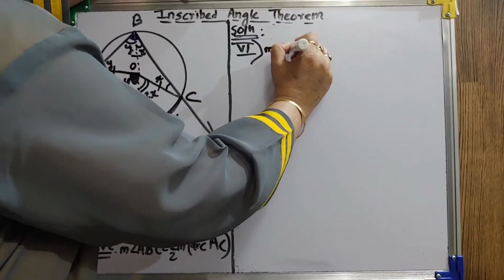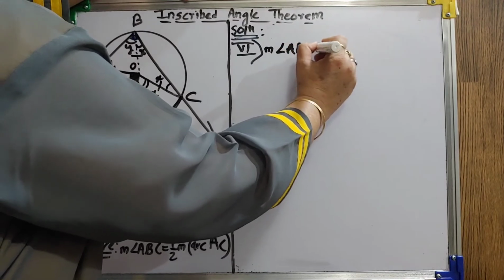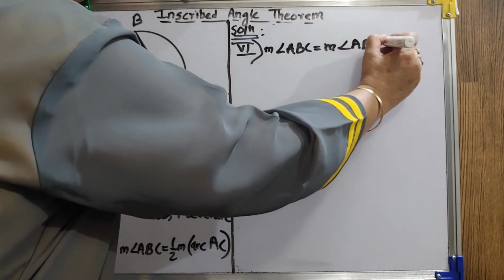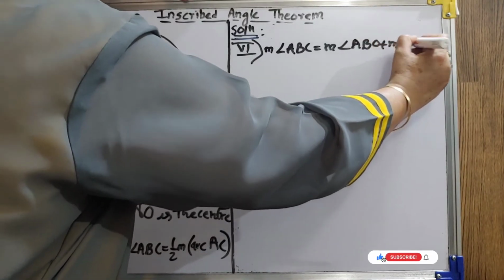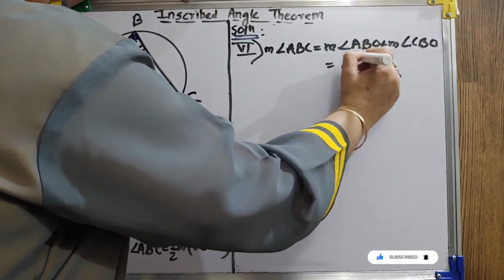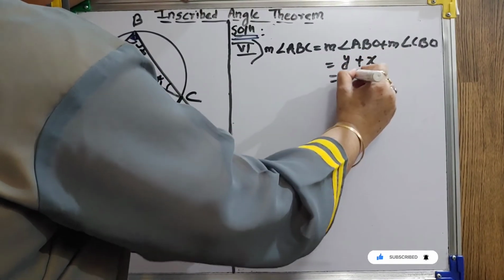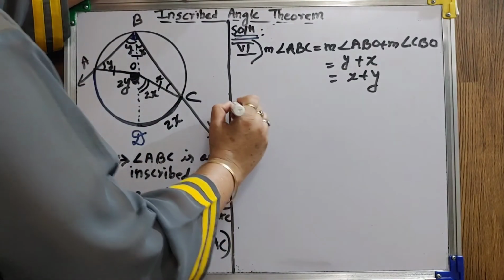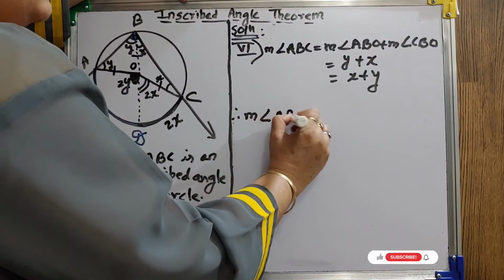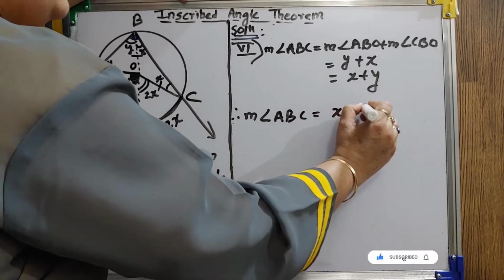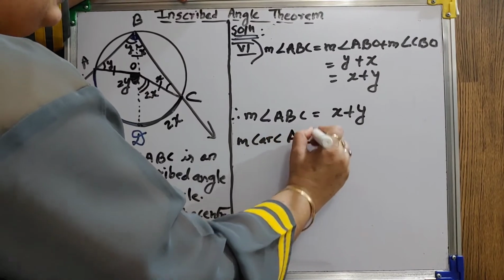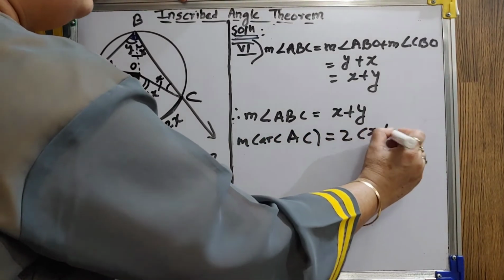My full angle ABC is the sum of angle ABO plus angle CBO. One is y, the other is x. That means x plus y. So therefore, my measure of angle ABC is x plus y, while the measure of arc AC, I got 2 in the bracket x plus y.